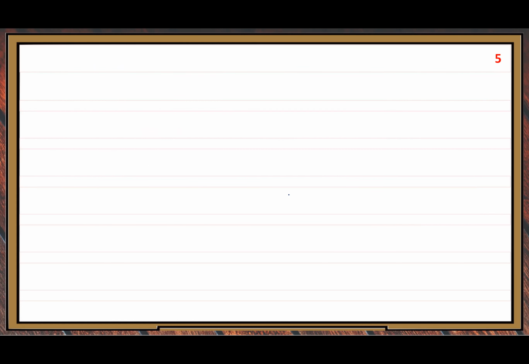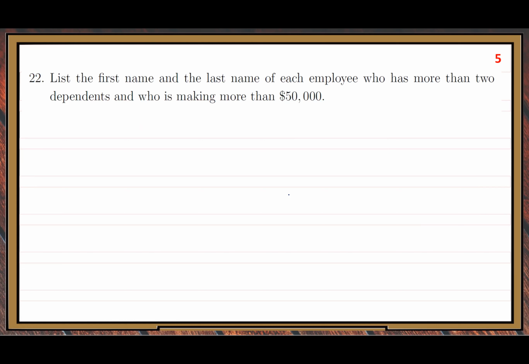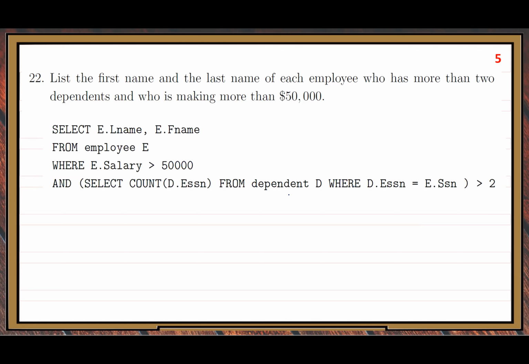Then the last question. List the first name and the last name of each employee who has more than 2 dependents. We do not check spouse or children, just total more than 2 dependents, and who is making more than 50,000. 2 conditions. 1, the salary condition, from the employee table.